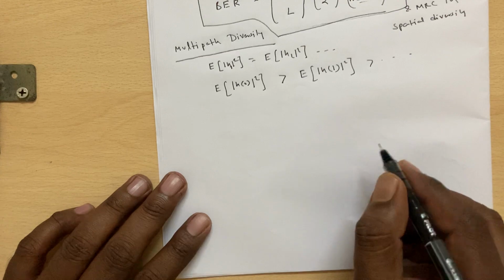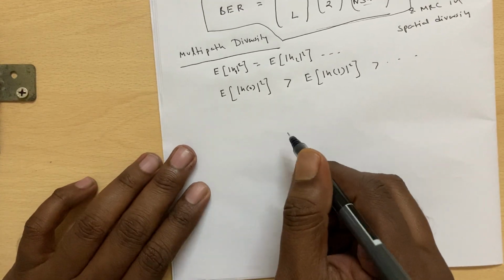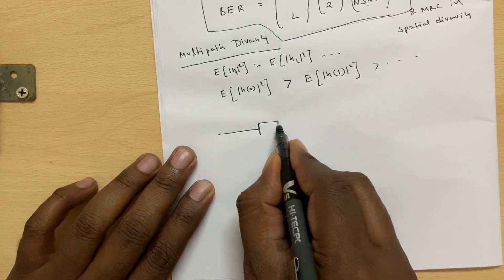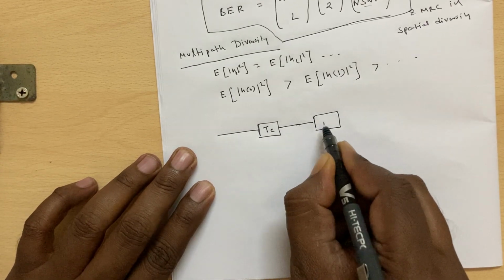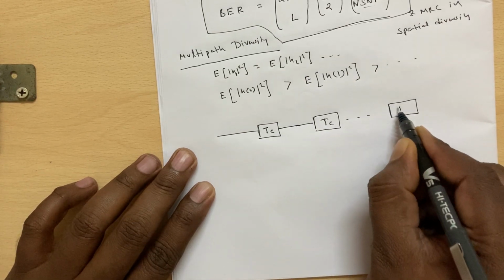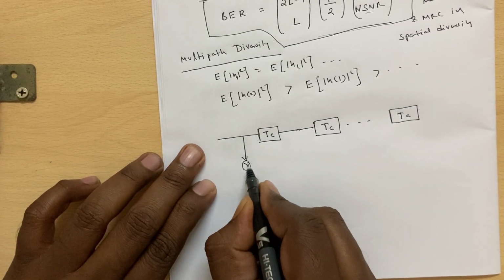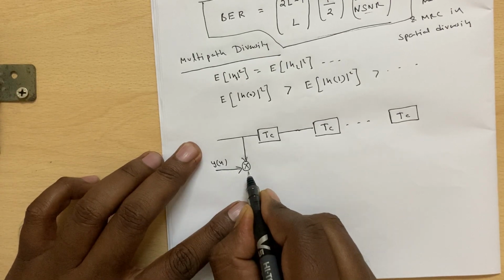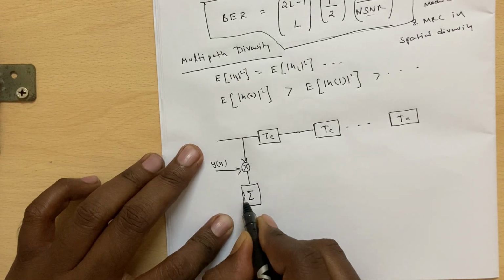So what is a rake receiver? What we have done here is that the code will be delayed by a delay of Tc, and there will be L minus 1 delays. This code will be multiplied with the sequence of received chips, and we calculate this product and the summation.